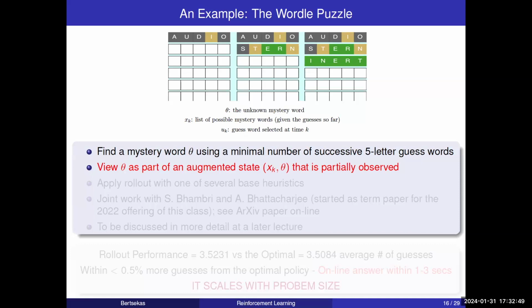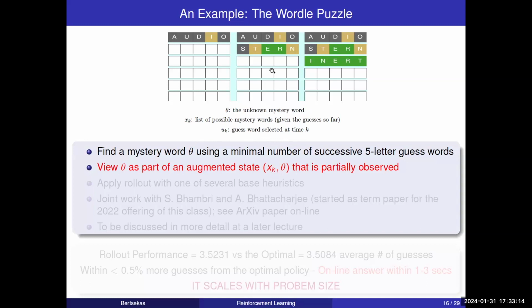So that helps a lot in the computations. And if you didn't have this property of a uniform probability distribution, the problem would have become much more difficult. So this x_k is the list of possible mystery words, and it's perfectly observed. u_k, which we control, is the guess word that we choose, and theta is the unknown mystery word.